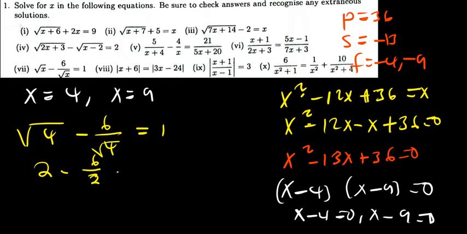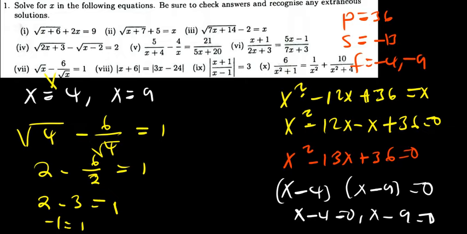Is it going to give me 1? So 2 minus 3. We can clearly see that this is going to give me negative 1. Negative 1 is not equal to 1. Therefore, x is equal to 4 is an extraneous solution. It's not part of the solution.